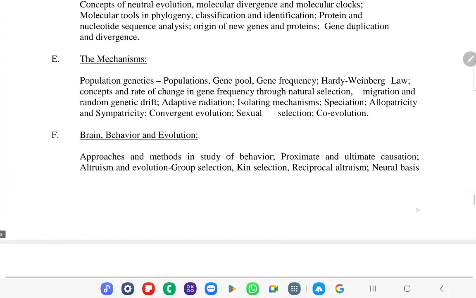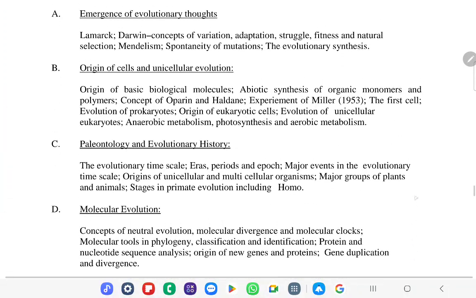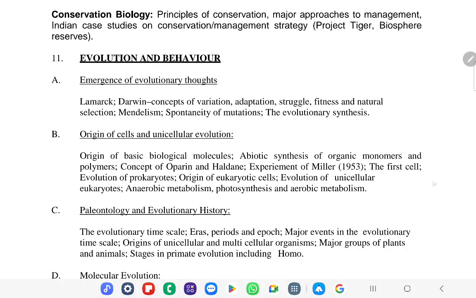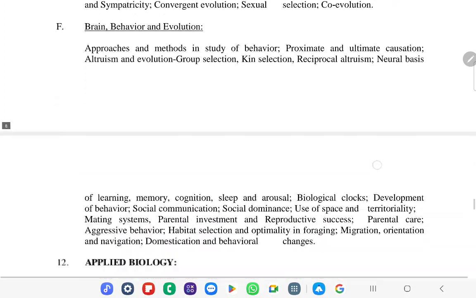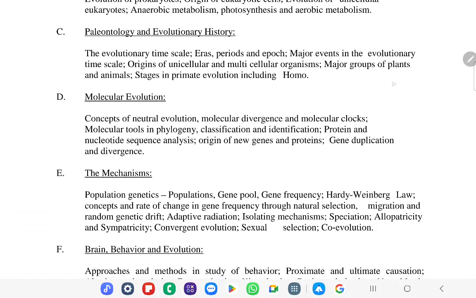These are some of the topics of evolution and behavior. So 1, 2, 3, 4, 5, 6 subunits. The 11th unit consists of 6 subtopics.